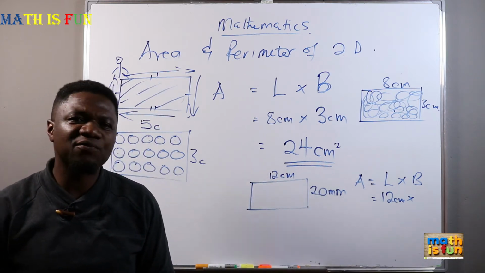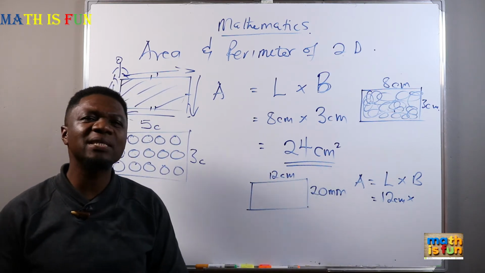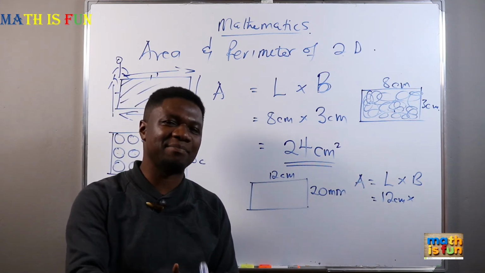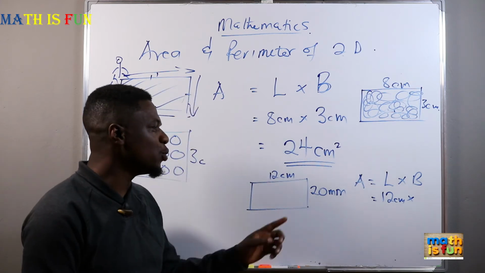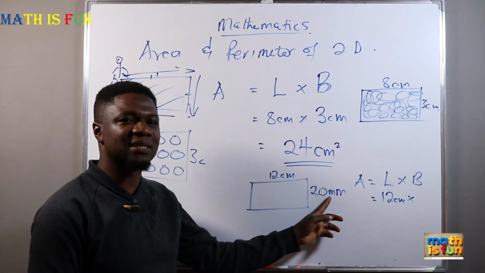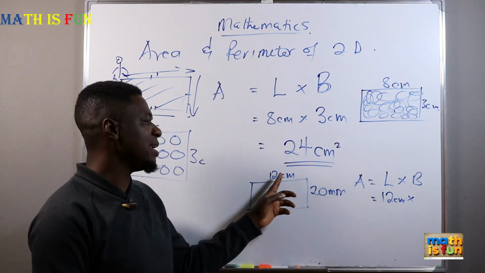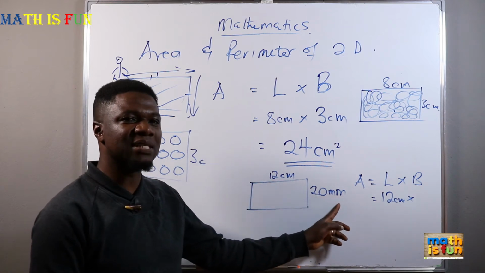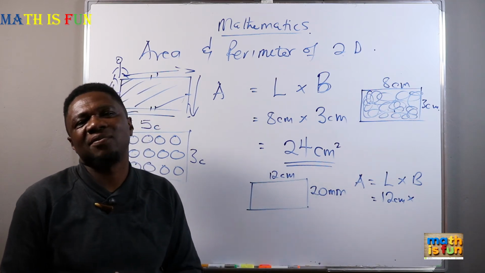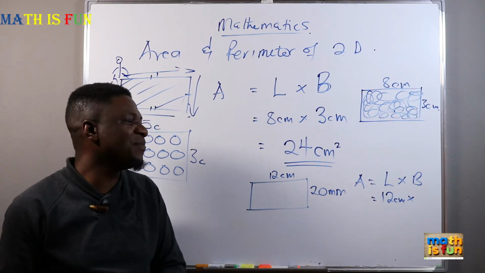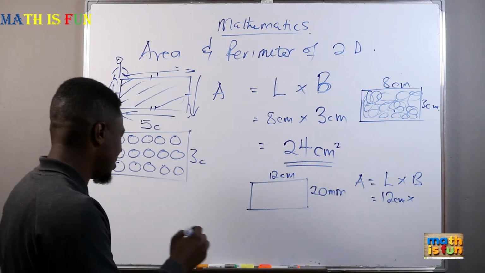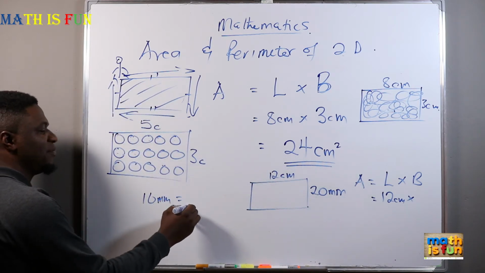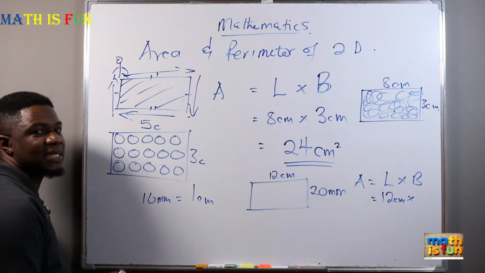But one thing that we have to do here is that always make sure that your units are the same. So here, instead of writing 20 millimeters, okay, here I have got 12 centimeters. Here is 20 millimeters. Then I have to ask myself, how many millimeters will give me what? 1 centimeter. Okay, so I know that 10 millimeters will give me what? 1 centimeter.